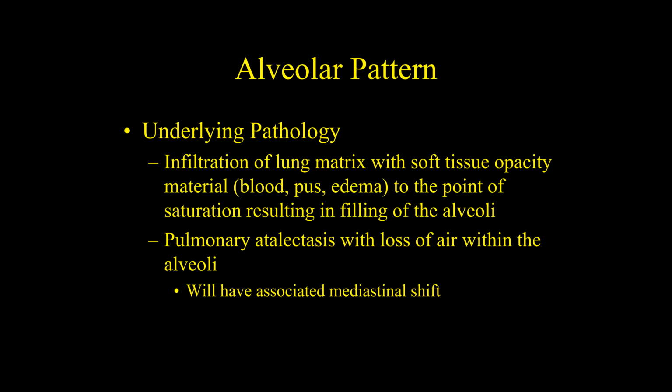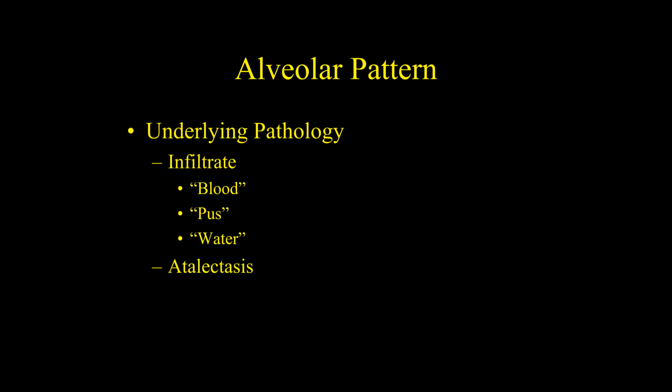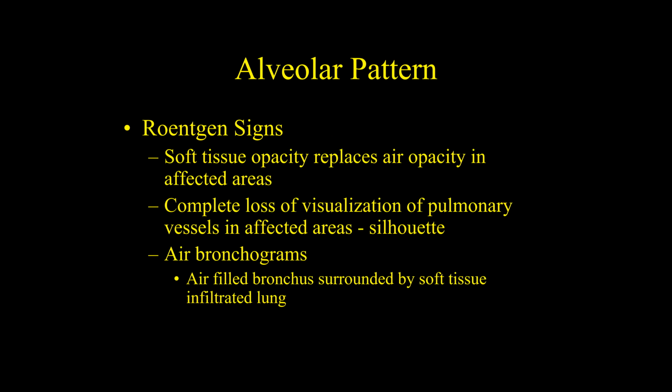Pulmonary atelectasis with loss of air can also show this, but there's no fluid replacement where the air goes. We've just lost the air inside a piece of lung. That's called atelectasis, and I'll show you an example of that coming up. So an alveolar pattern is usually due to some type of abnormal fluid that has replaced a normal air-filled lung. It can be blood, pus, or water.